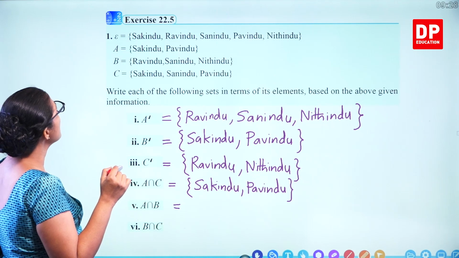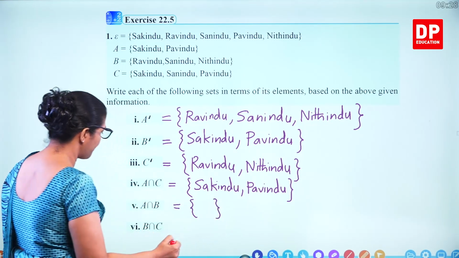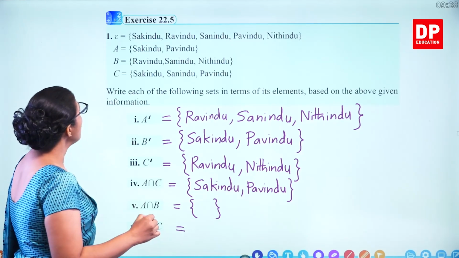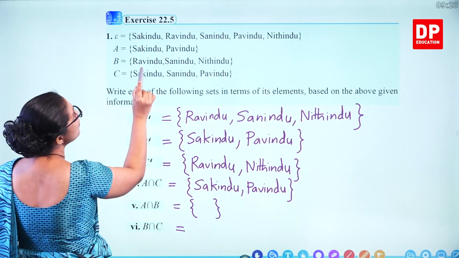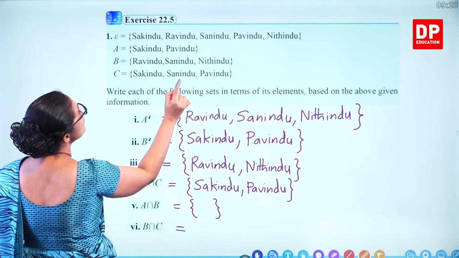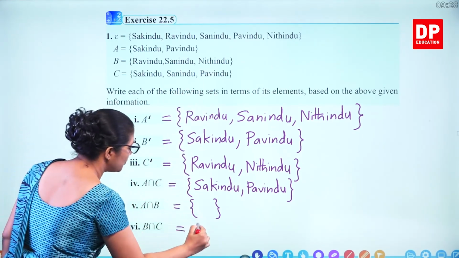So no intersection, no common term. So that's an empty set. B intersection C. What's the common? Ravindu, Sanindu. Sanindu is common. That's all. Sanindu.